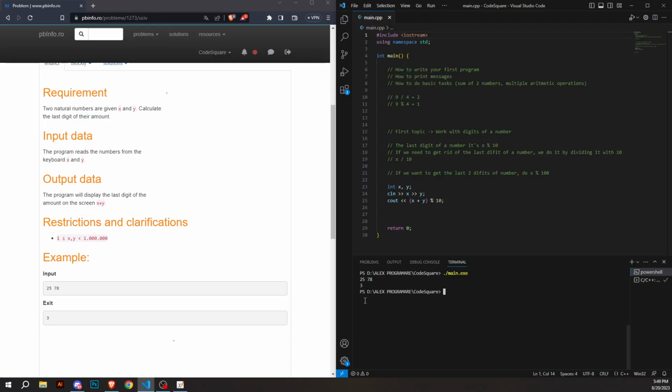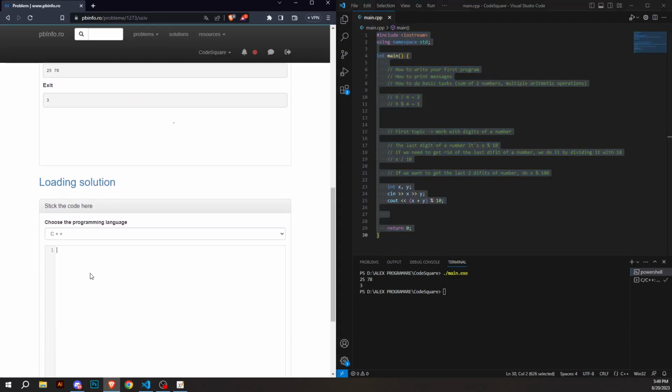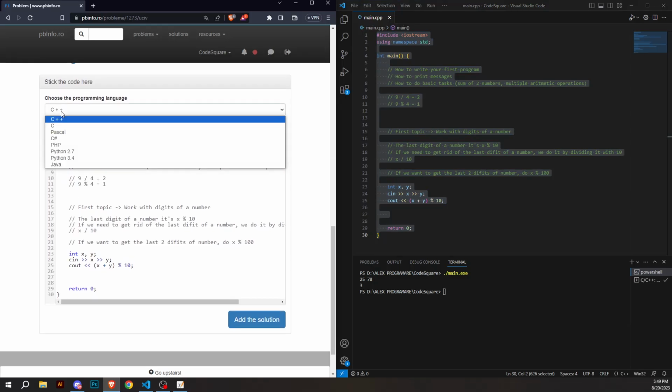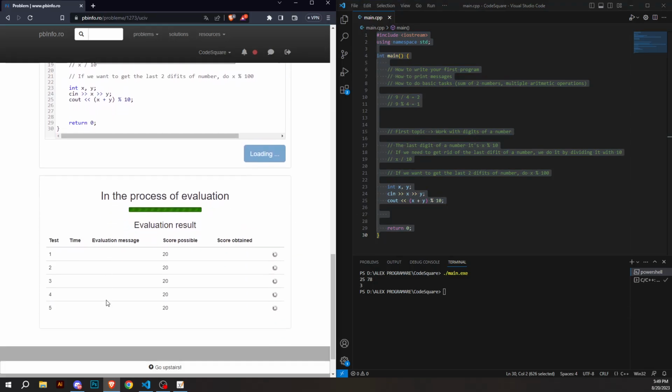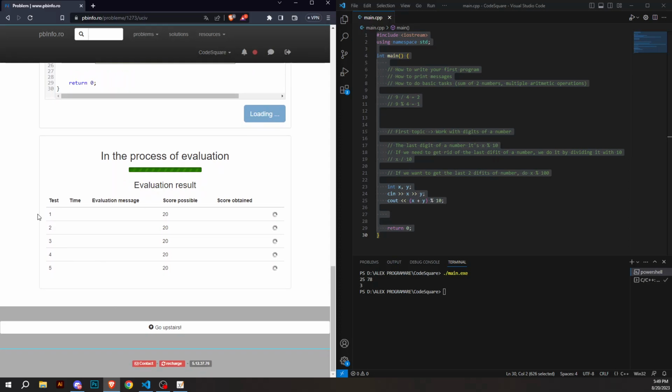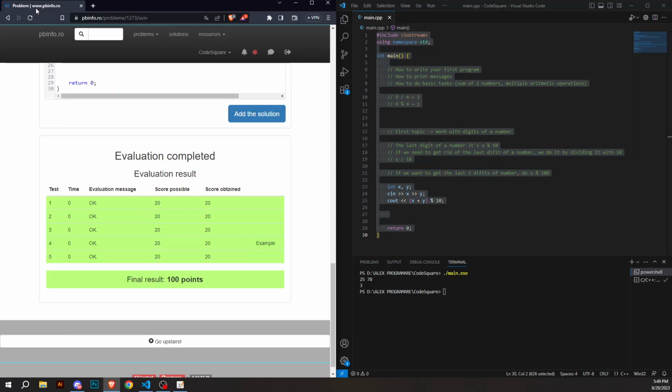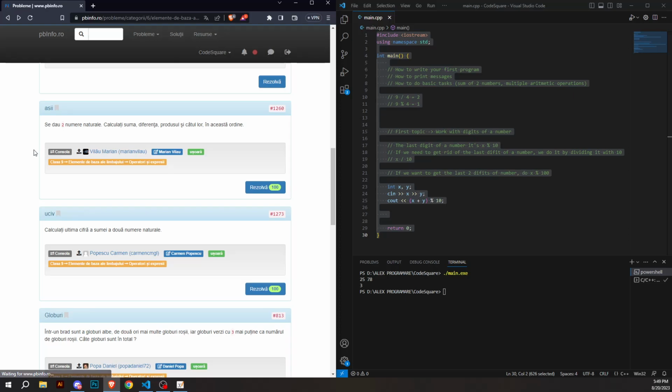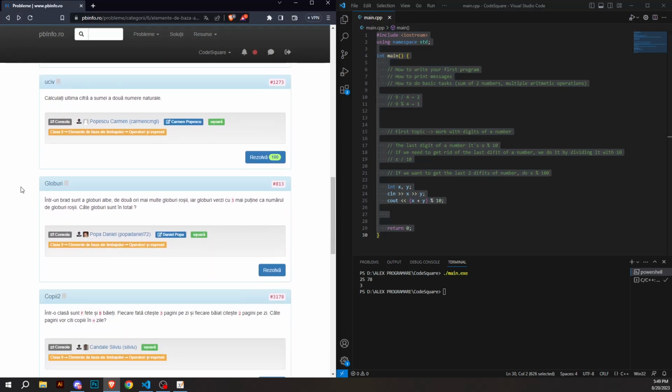So that's amazing. We are going to have the 3 as the last digit. Let's get this code and upload this under the C++ coding language. Great. That was a nice start.